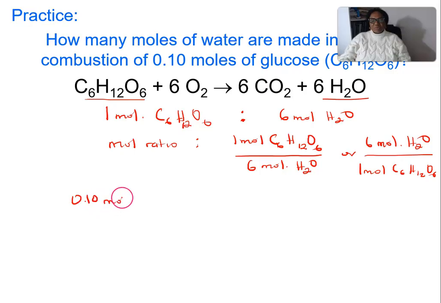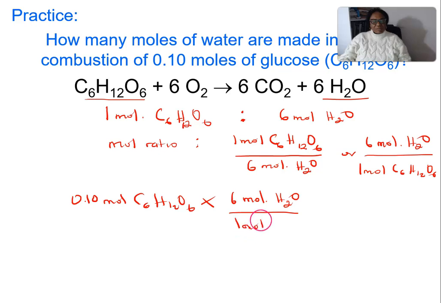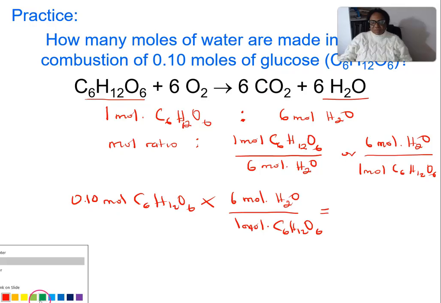0.10 moles of C6H12O6 times 6 moles of H2O over 1 mole of C6H12O6. We will use this conversion factor, so we want to cancel moles of glucose.